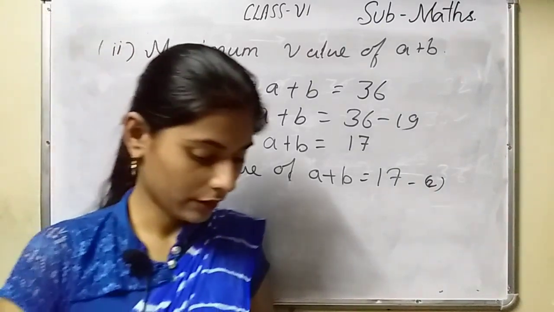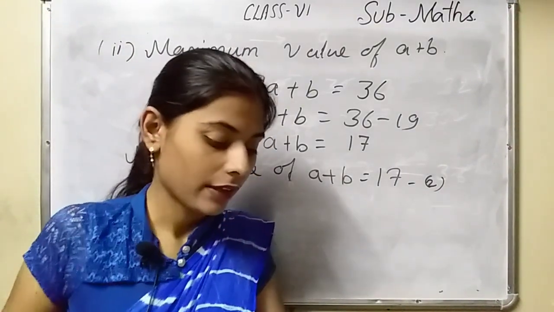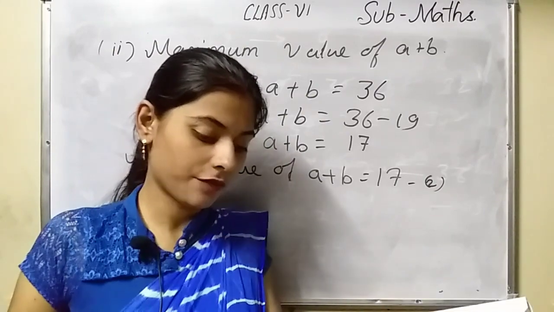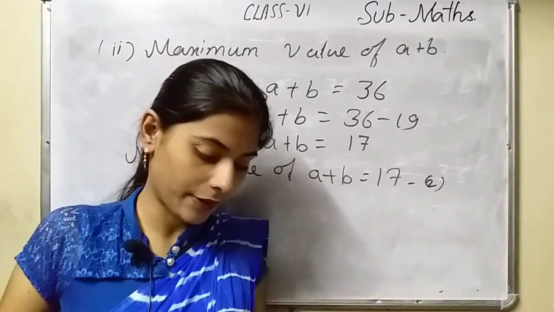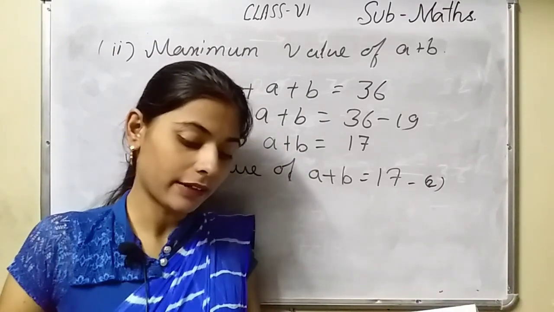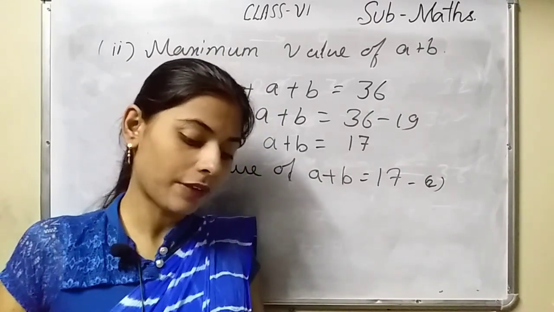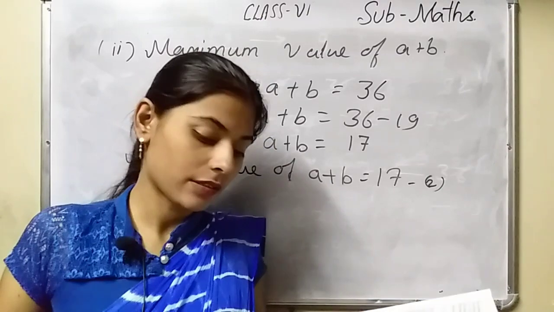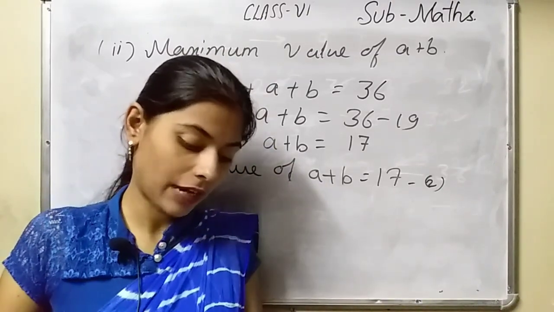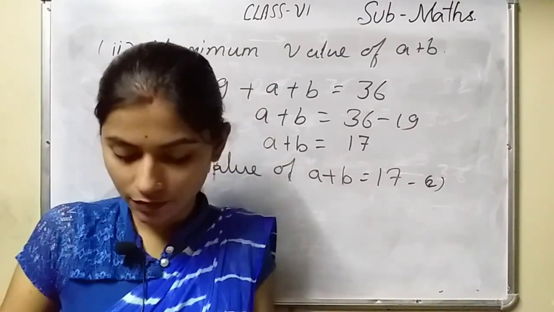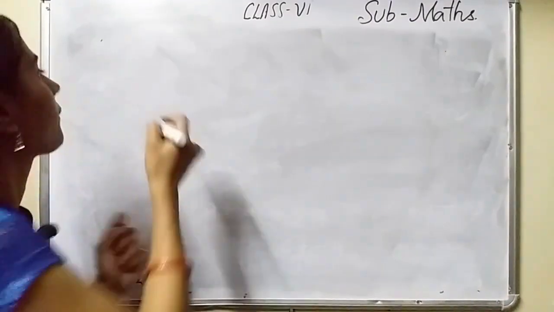Okay, now start question number 7. There are 152 students waiting for a boat to cross a river. The students have to be divided into equal groups to get into different boats. In how many ways can you group the students such that each group has more than 5 students and less than 50 students?